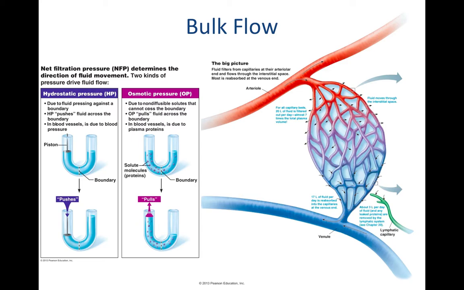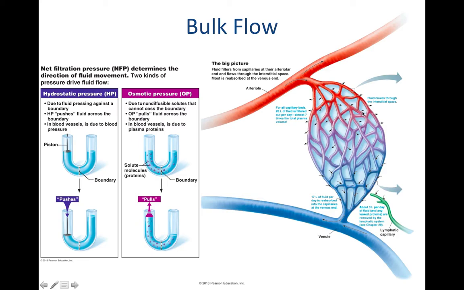And so if we look at how this looks in the capillary, as blood is flowing through on the arterial end of your capillary, you have lots of blood, proportionally speaking, coming in through the arterial end, and you have this fluid that's pushing against your capillary walls. And as this fluid is pushing against your capillary walls, some of it leaks out. So this is filtration. The process is called filtration, but the driving force behind it is called hydrostatic pressure.